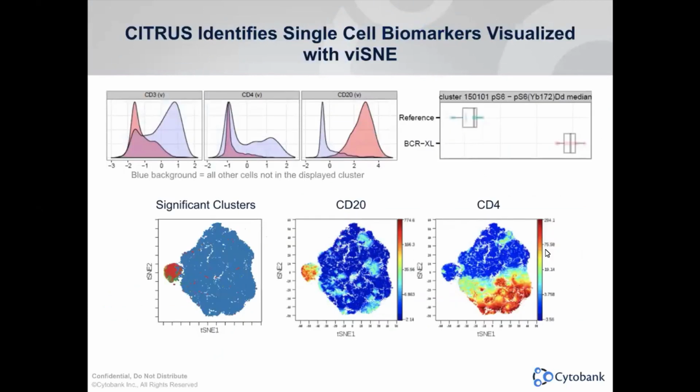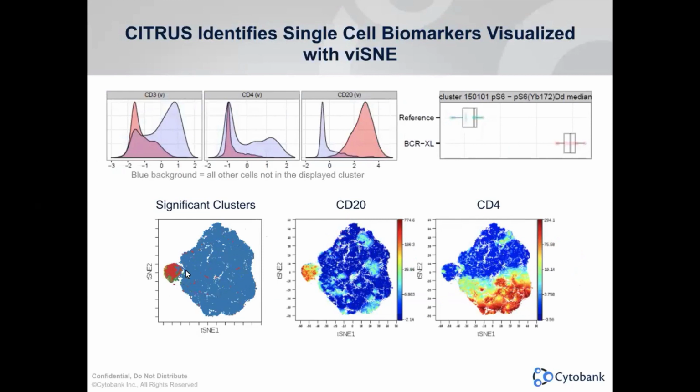I'll show you an example here where Citrus was run to identify the median expression of phospho-S6 in the control and the BCR stimulated samples. Then you will see, once this cluster is identified, this is a viSNE map of the same data.